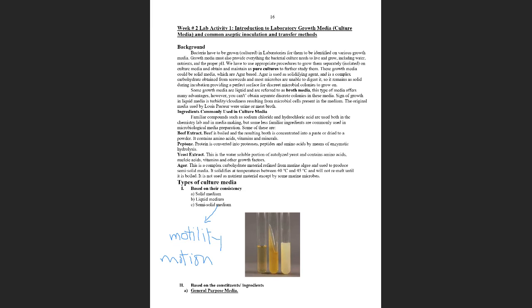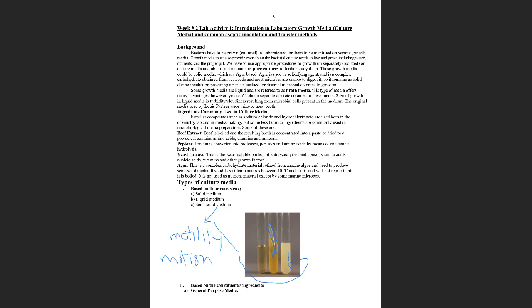Just by looking at bacteria, you cannot tell if they're motile or not. So we can use a motility medium like this one over here. This one is a motility medium. It uses slightly less agar than this solid slant medium over here. You see the slant? Can everybody see the slant here?